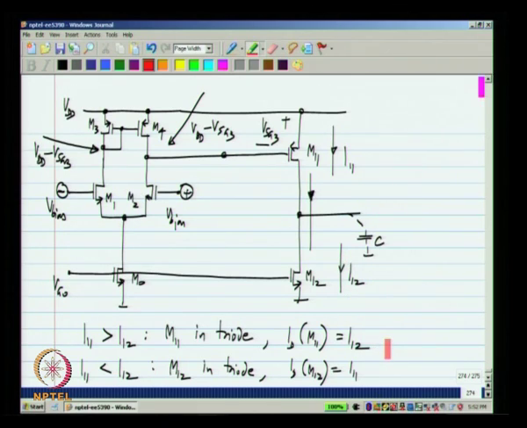Now, let us connect this in feedback and then see what happens. Let us say we connect this in unity feedback. Now, here we are talking about a case where there is no mismatch between transistors.